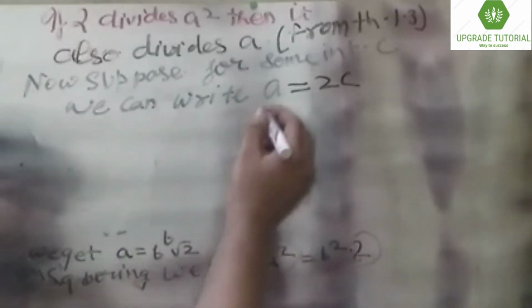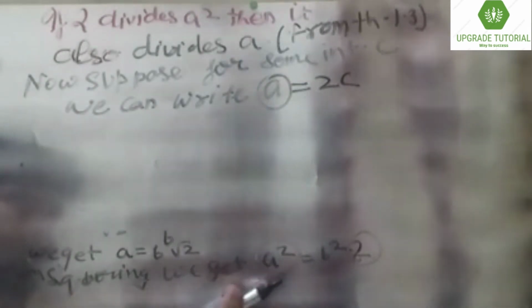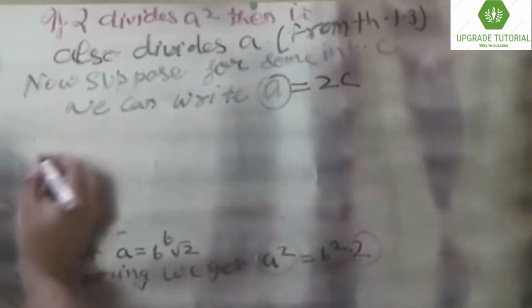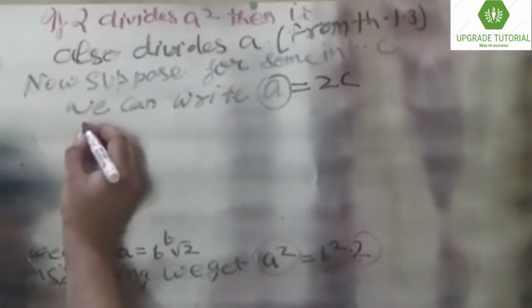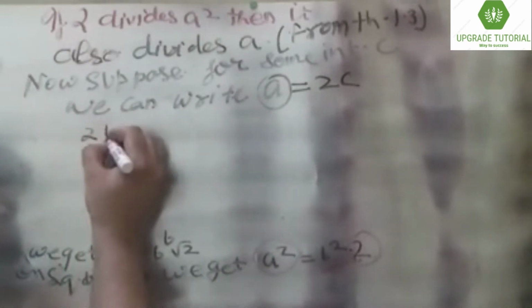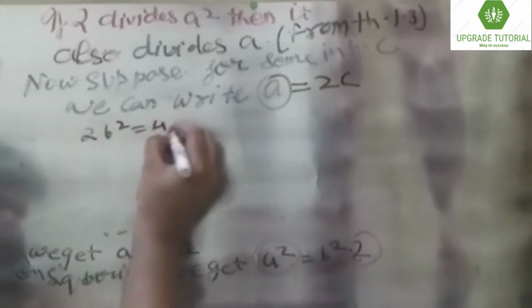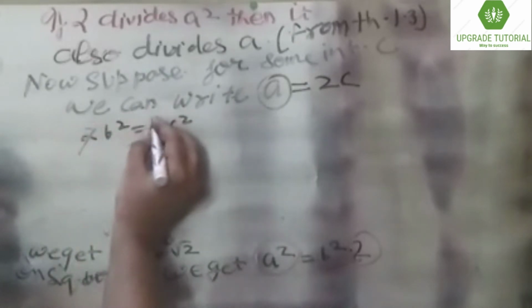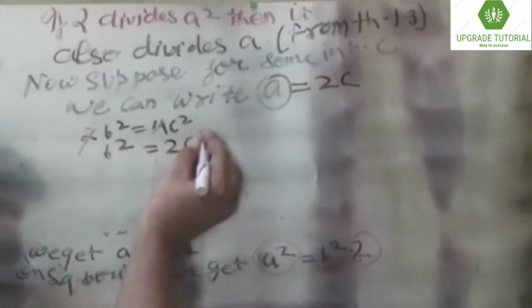Now squaring this and putting this value of a in this equation, we get 2b square is equal to 4c square, and b square is equal to 2c square.